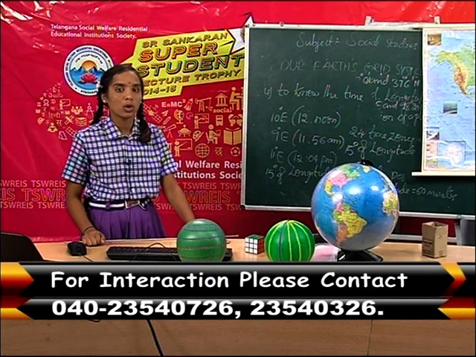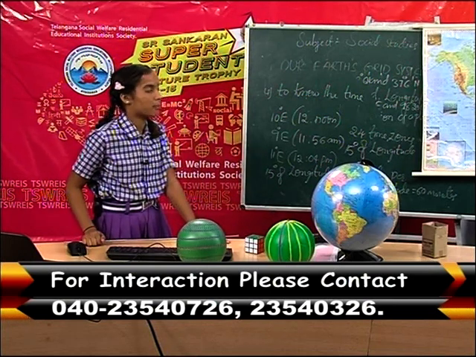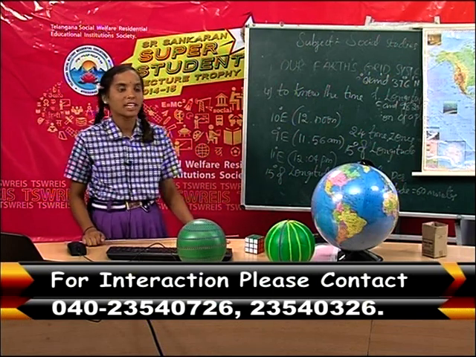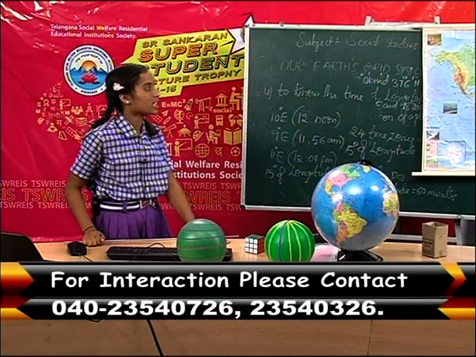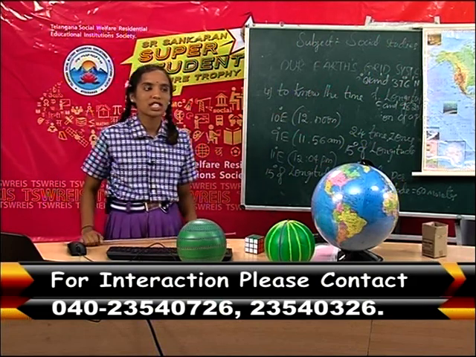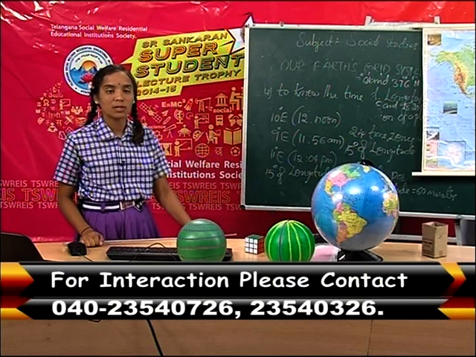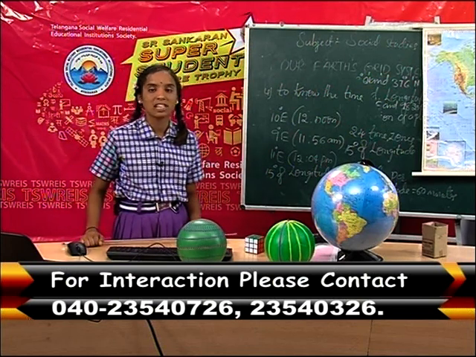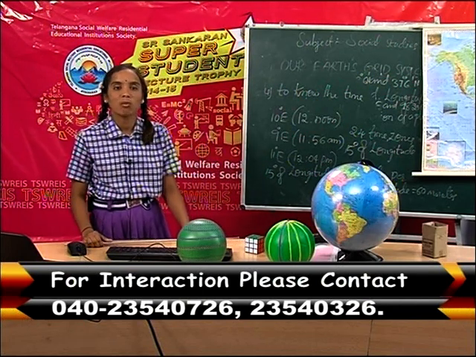And friends, we located India on a map, knowing the exact location of that country. And we have learnt about the differences between the time zones, and our world is divided into 24 time zones, and the difference between one time zone and the next is 1 hour.